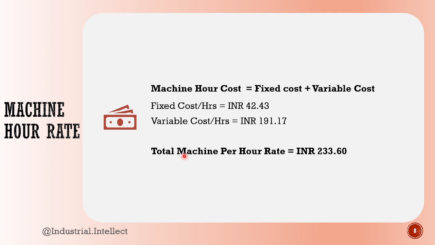Suppose the machine is producing 100 pieces in an hour. Then after dividing by 100, the per piece operation cost would be 2.33 for that particular machine.